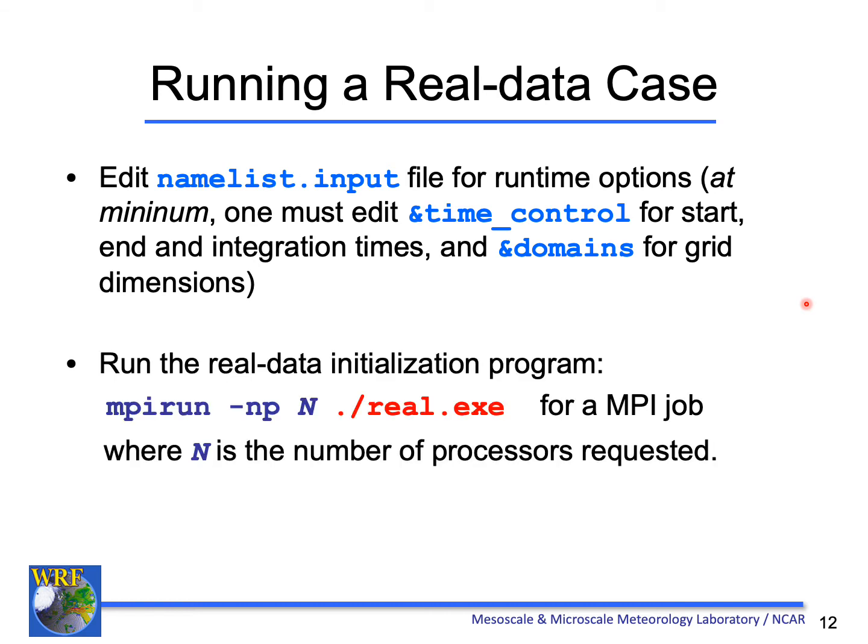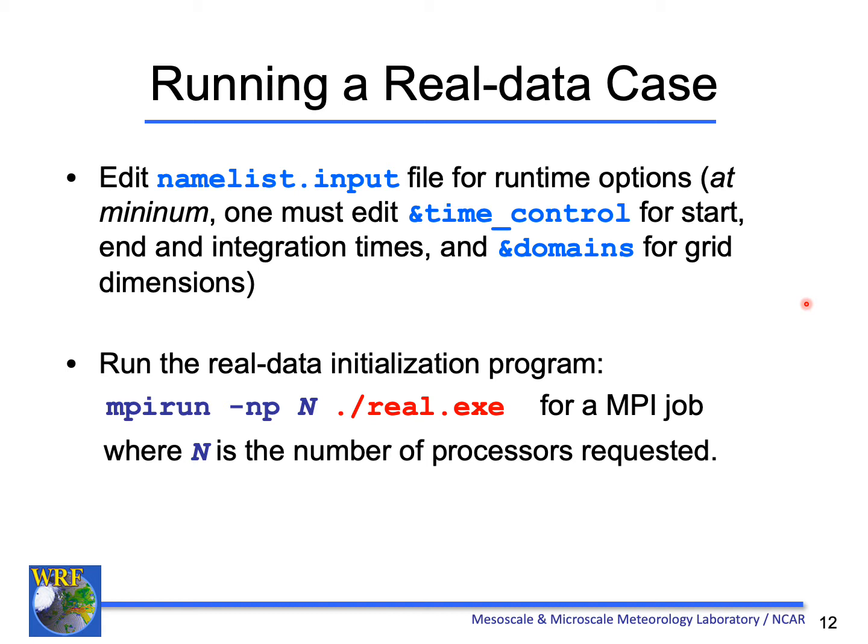The way to run the program depends on how we compiled it. The most common way to compile the model is to use MPI, which stands for Message Passing Interface, or DMPAR as we sometimes refer to it. Here, DMPAR stands for Distributed Memory Parallelization. MPI allows us to use multiple processors across many computer nodes.